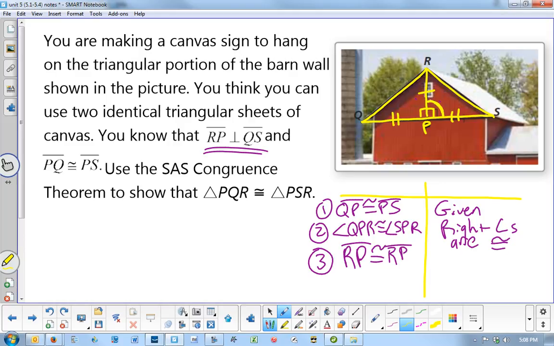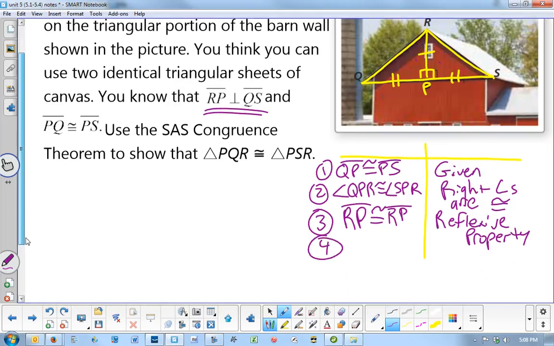We need to talk about both sides of that angle, and that is the reflexive property.